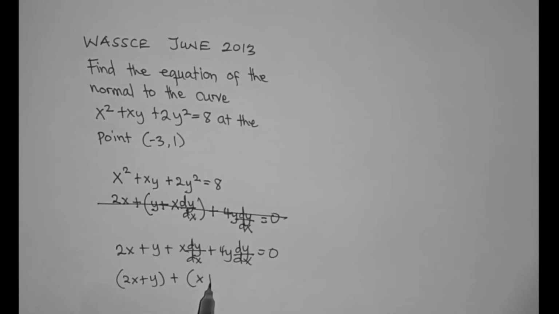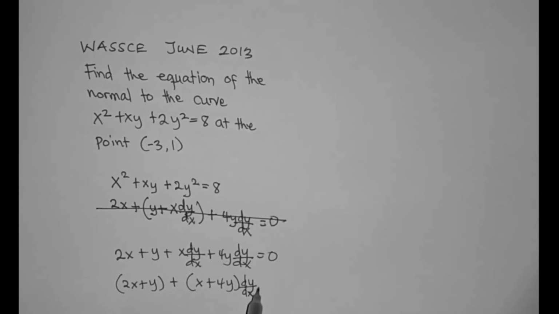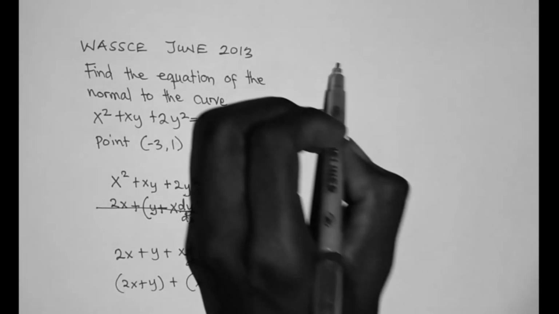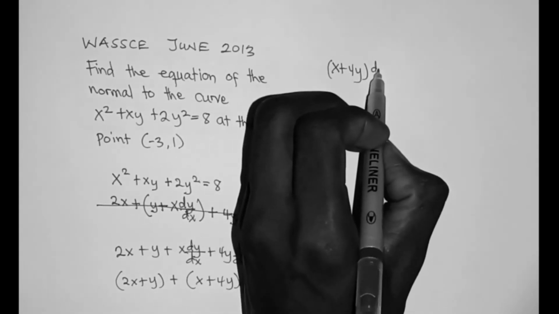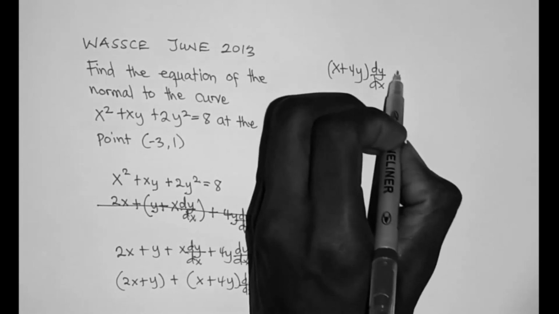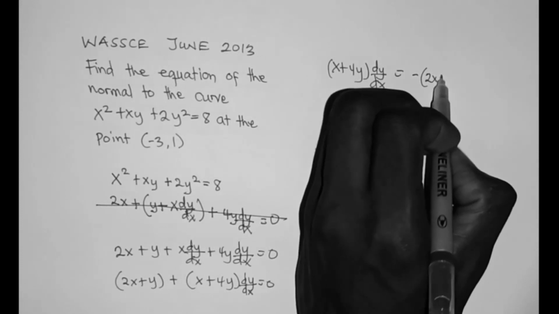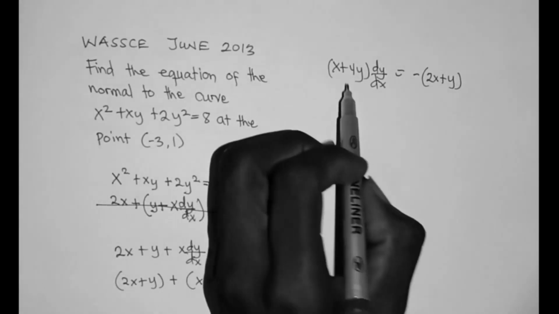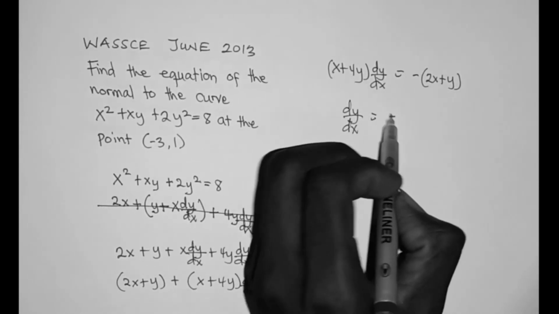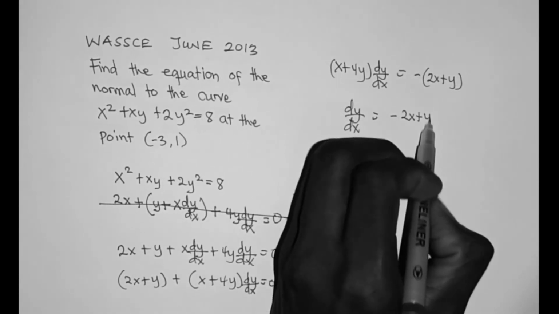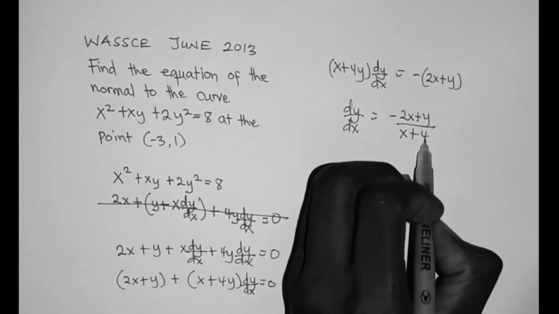So below it (x plus 4y) dy/dx is equal to 0. So we have (x plus 4y) dy/dx is equal to minus (2x plus y). So dy/dx is equal to minus (2x plus y) divided by (x plus 4y).